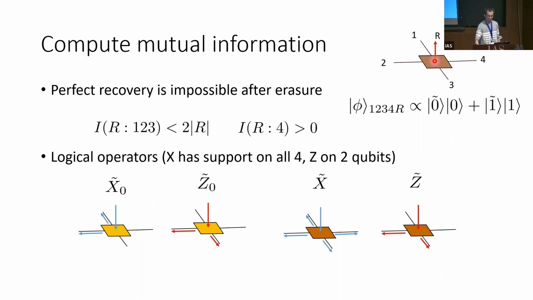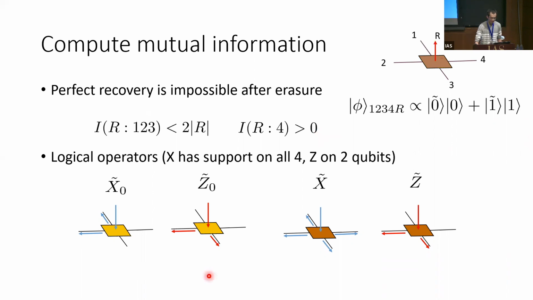If you do that, and then compute, say, the mutual information between the reference system and one of the qubits that you erased, you'll find that this information is greater than 0. So what it's doing is that now there's a bit of information about the encoded logical state that's being leaked into qubit number 4. So once you lose it, there's no way you can recover everything perfectly.